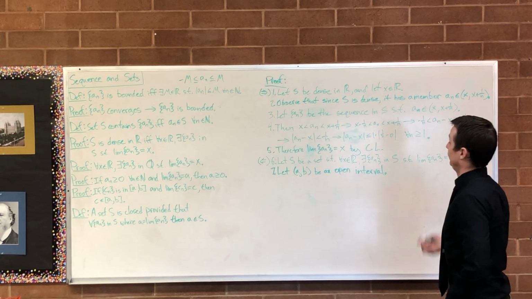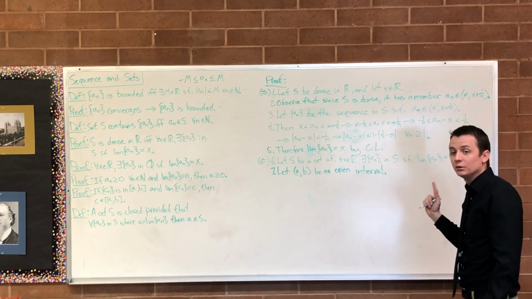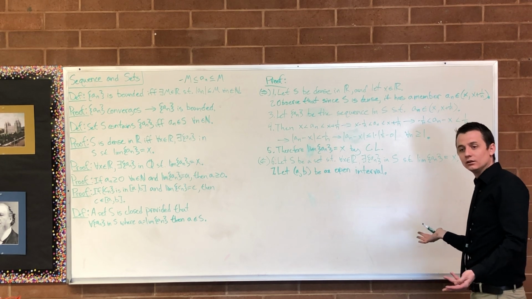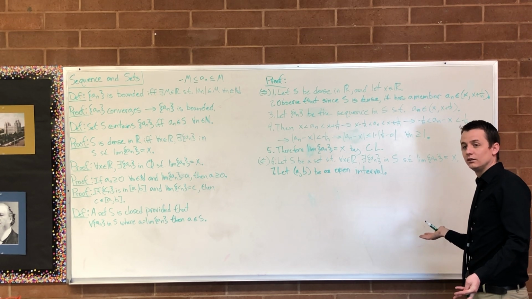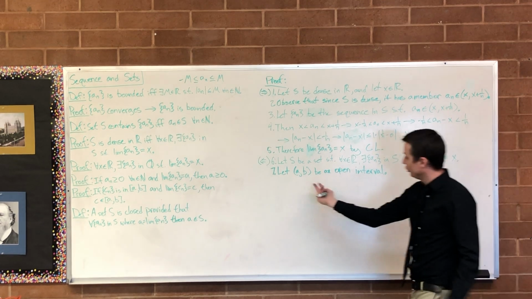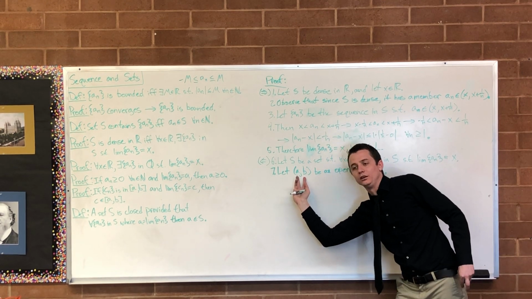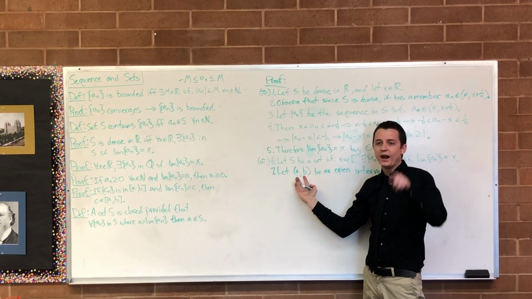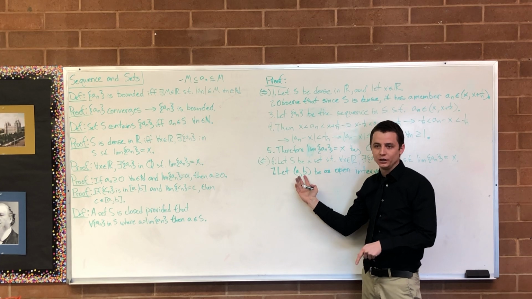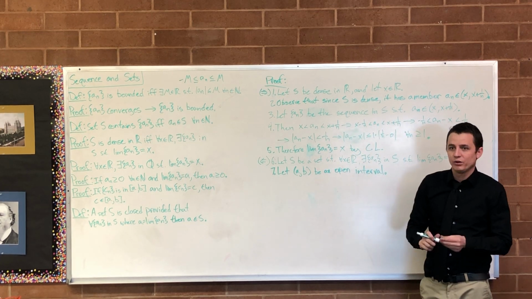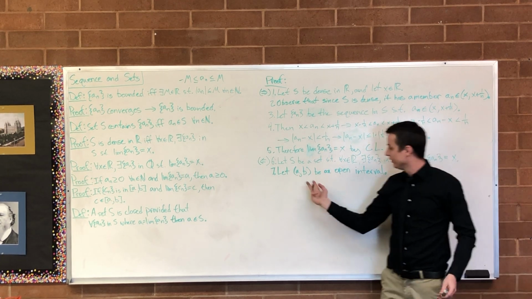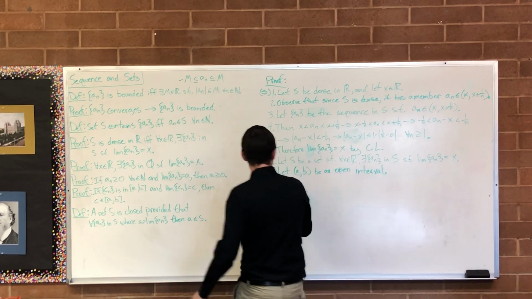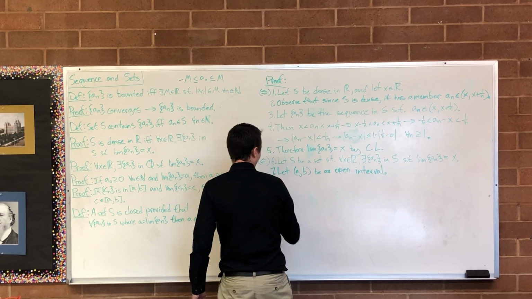Well, I know that for any real number I pick, I can find a sequence that converges to that real number. What seems like the most useful real number we could pick here? (a+b)/2. Pick the number in the middle of those two things. If I know that I have a sequence a_n that converges to that number, then I can show that there is a term in a_n in there, right?